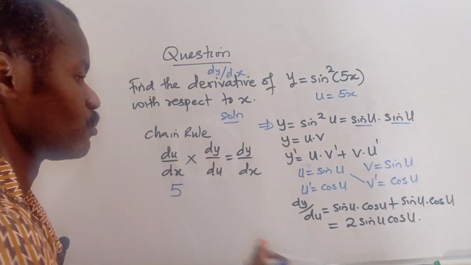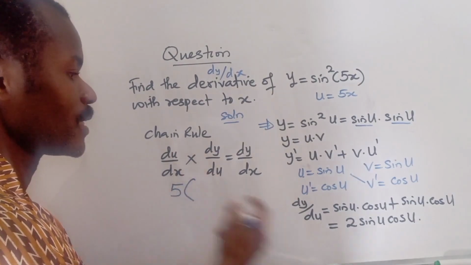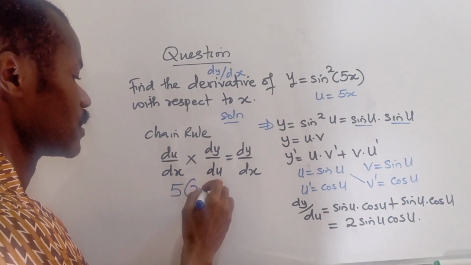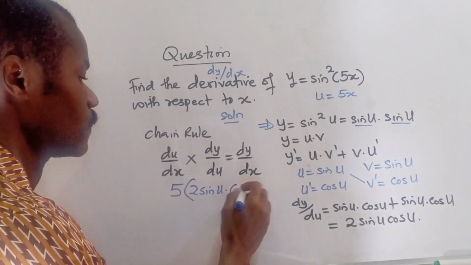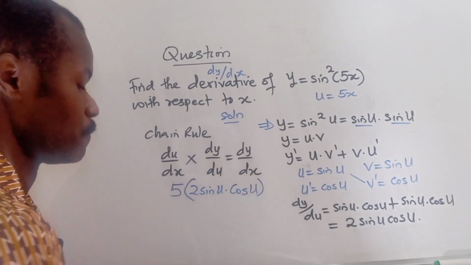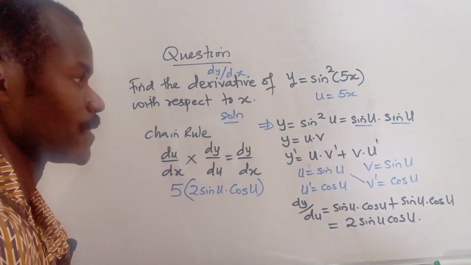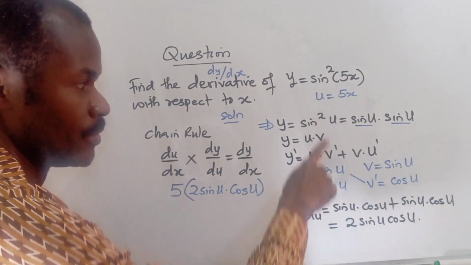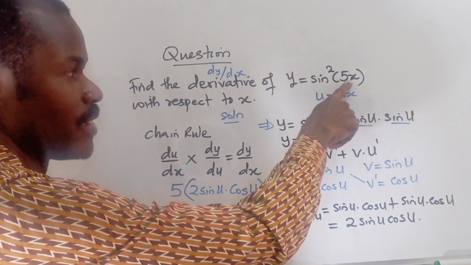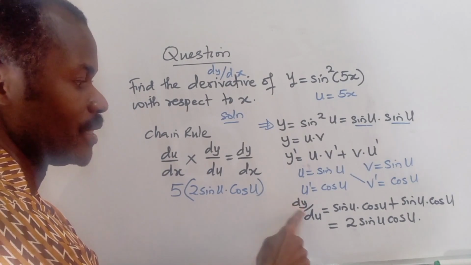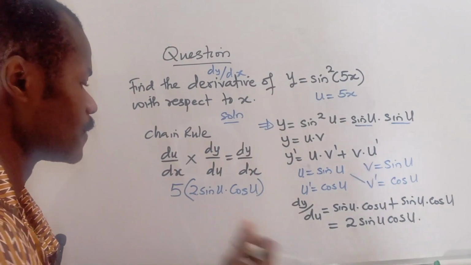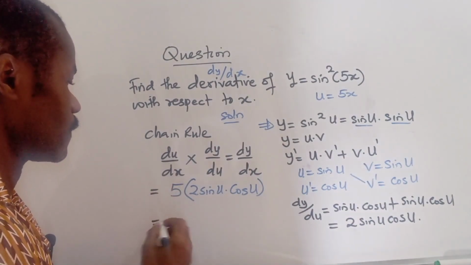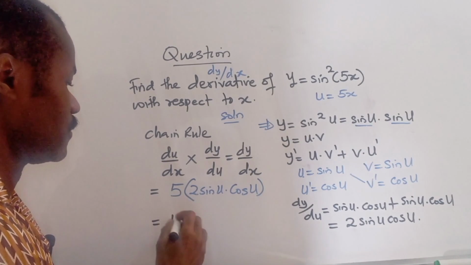So 5 is going to multiply, let me use a bracket, 2 sine u cos u. Because after solving this part, replacing u as 5x, we have our dy du as all this. So this is simply going to give us 5 times 2, which is 10.